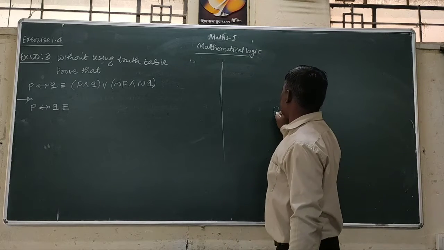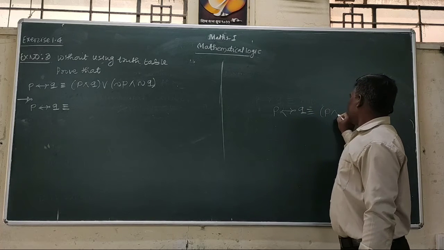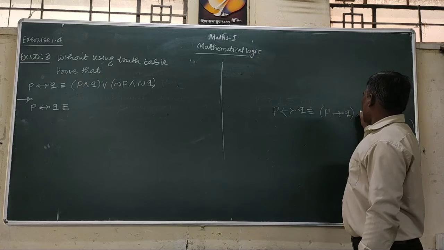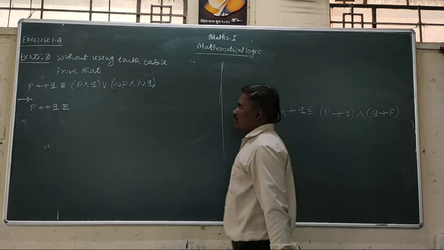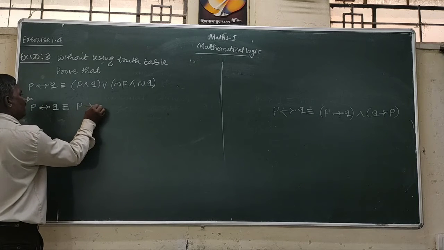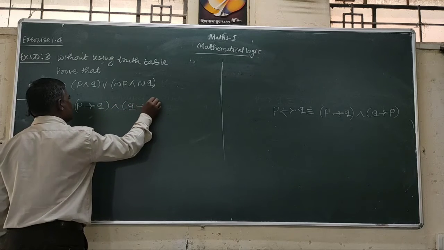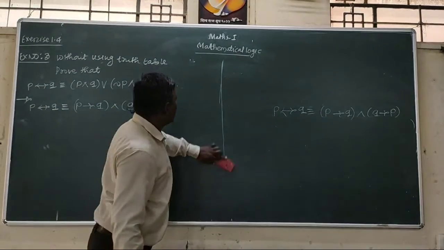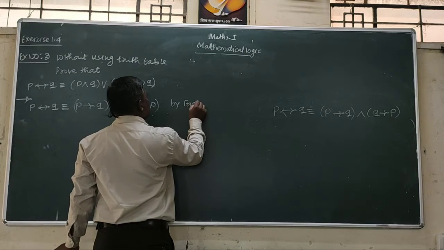Definition of the biconditional statement: P if and only if Q is equivalent to P implies Q and Q implies P. Therefore, this becomes P implies Q, conjunction Q implies P. That is the first result by the concept of conditional, by conditional law.